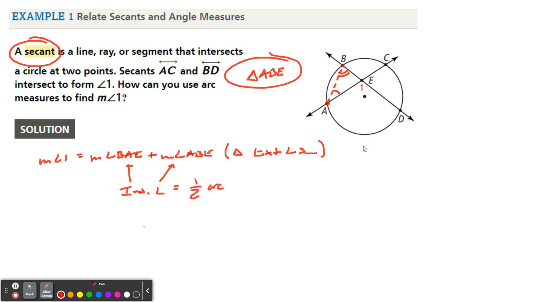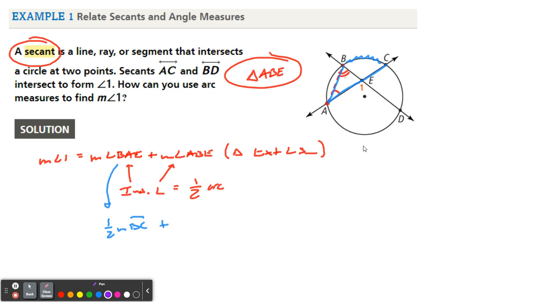So if I trace angle BAE in blue and extend side AE all the way to C, arc BC is the arc it intercepts. So the measure of angle BAE is equal to half of the measure of arc BC.